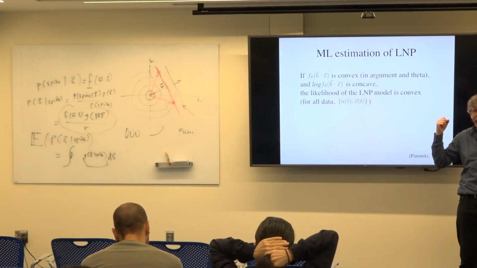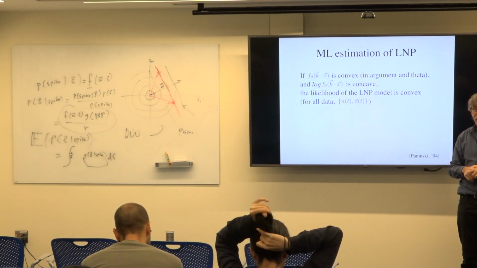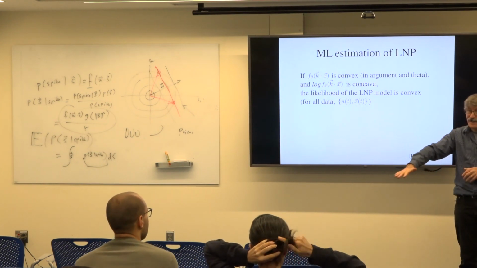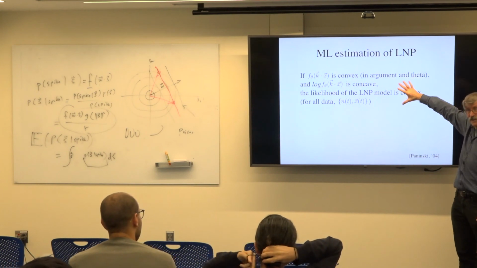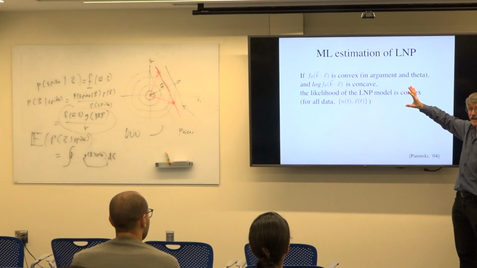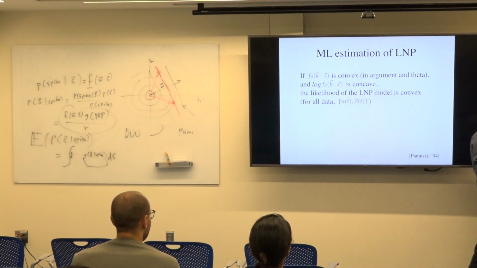In other words, you can just hand your data and your model to fminsearch, and MATLAB will do it for you, and MATLAB won't get confused because it can just go down the gradient descent and get to the answer. So this model, under certain not terrible conditions, is convex, meaning that estimating it is not hard at all. You won't get stuck in a local minimum. So there's some nice math behind this model.